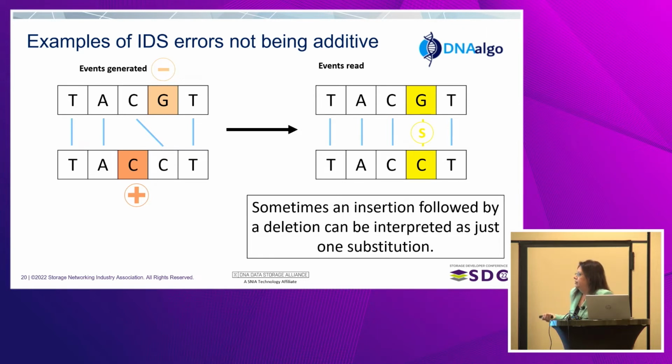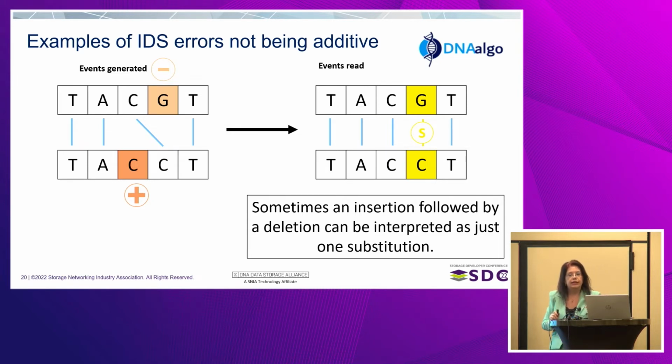And what happens from reading back the data is that we wanted to write T-A-C-G-T, and basically we read T-A-C-C-T. So the edit distance between these two strings is just 1. So we may conclude that one substitution has occurred, even if the real event that happened in that channel was an insertion and a deletion.